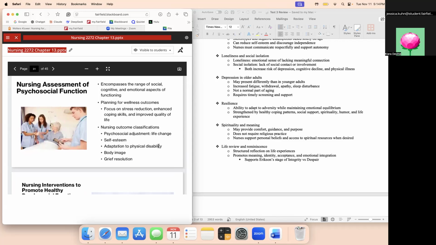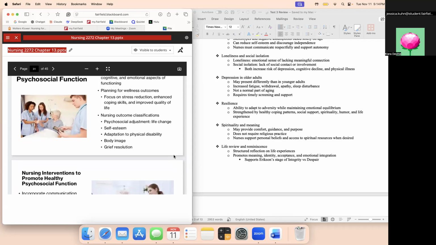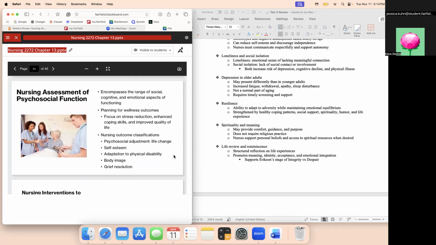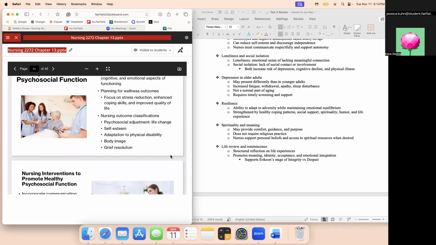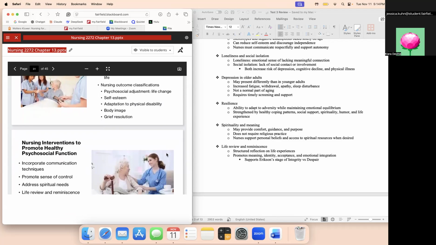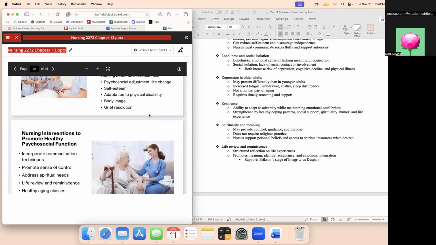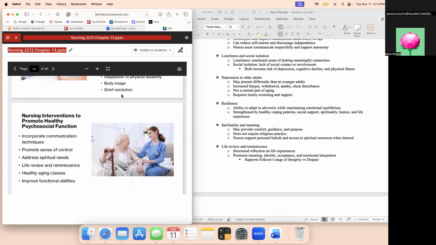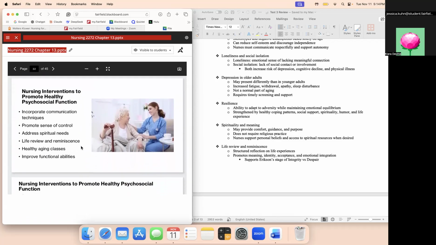Nursing assessment: we're going to assess the whole thing from the top down, from broad to specific. The range of social, cognitive, and emotional aspects of functioning, planning for wellness outcomes. The nursing outcome classifications are psychosocial adjustment to life change, self-esteem, adaptation to physical disability, body image, and grief resolution.